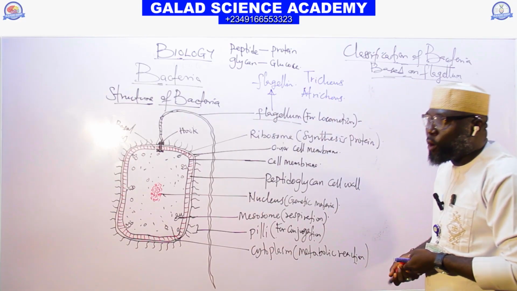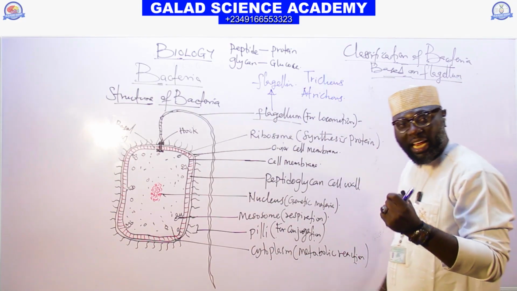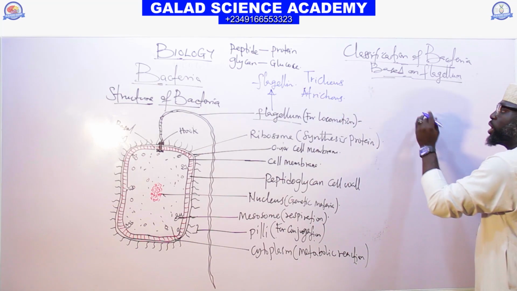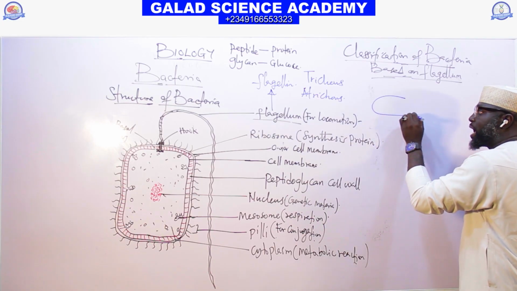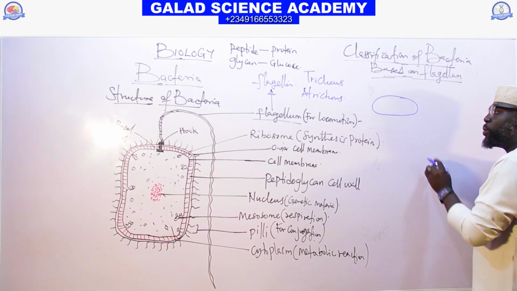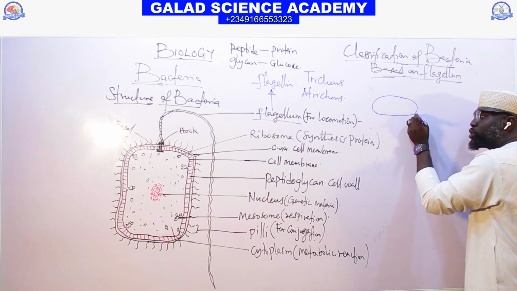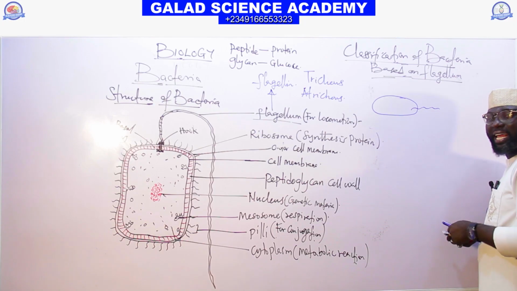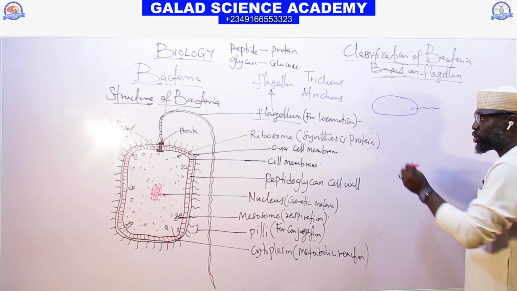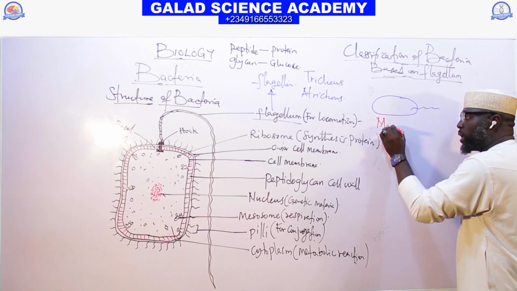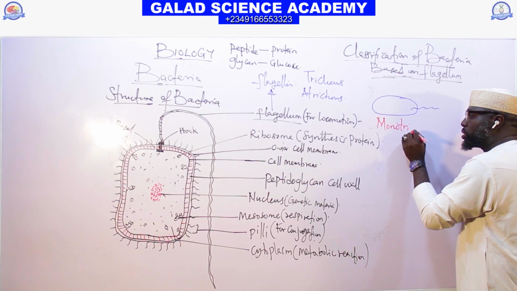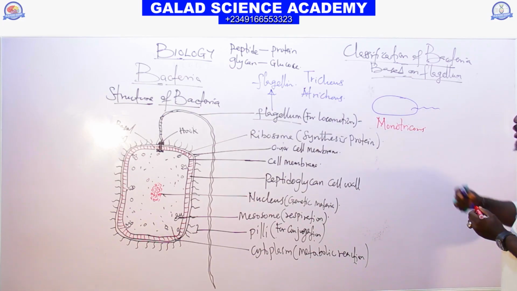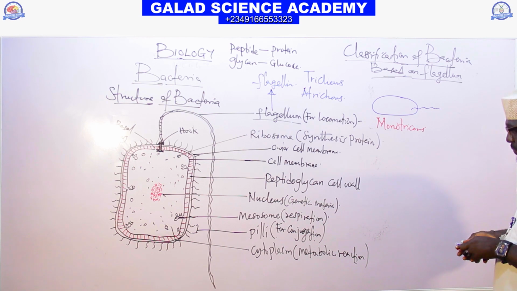And a bacteria with flagellum can be classified into the following parts. Look at it here. We have a bacteria shaped in this form, with one flagellum at one end. That bacteria is called monotrichous. Mono trichous: a bacteria with one flagellum at one end.